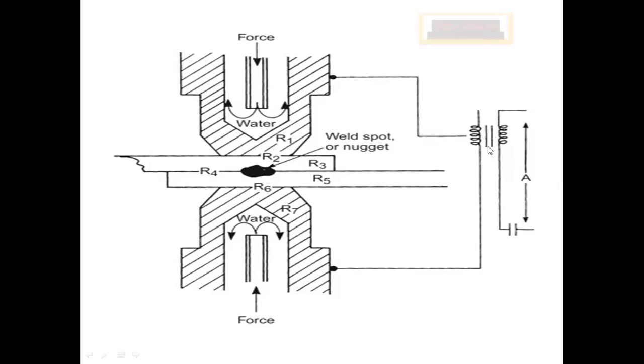When it steps down, the voltage level is low, but as we know the power is the same in both cases: primary power P1 and secondary power P2 are the same.